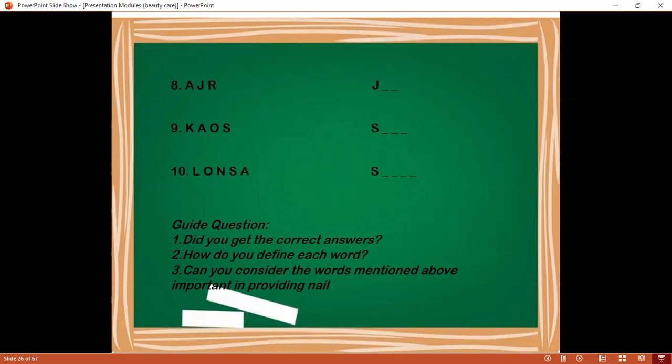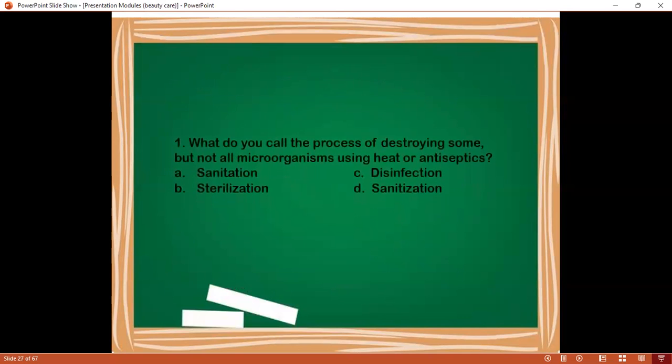How did you get the correct answer? How do you define each word? Can you consider the words mentioned above important in providing nail care? What do you call the process of destroying some but not all microorganisms using antiseptics?